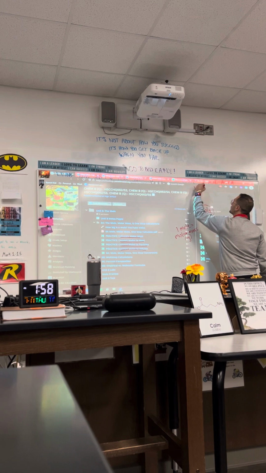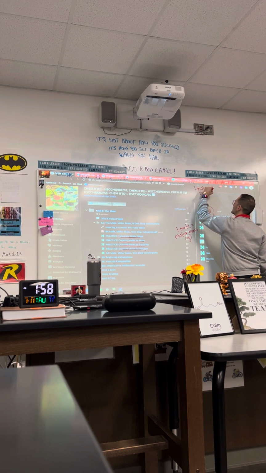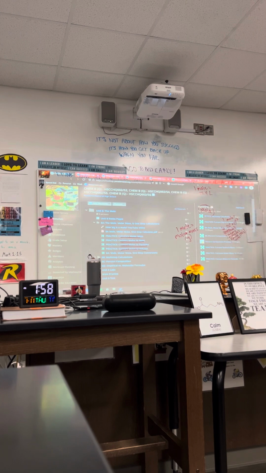One mole is also equal to 22.4 liters if we have a gas.